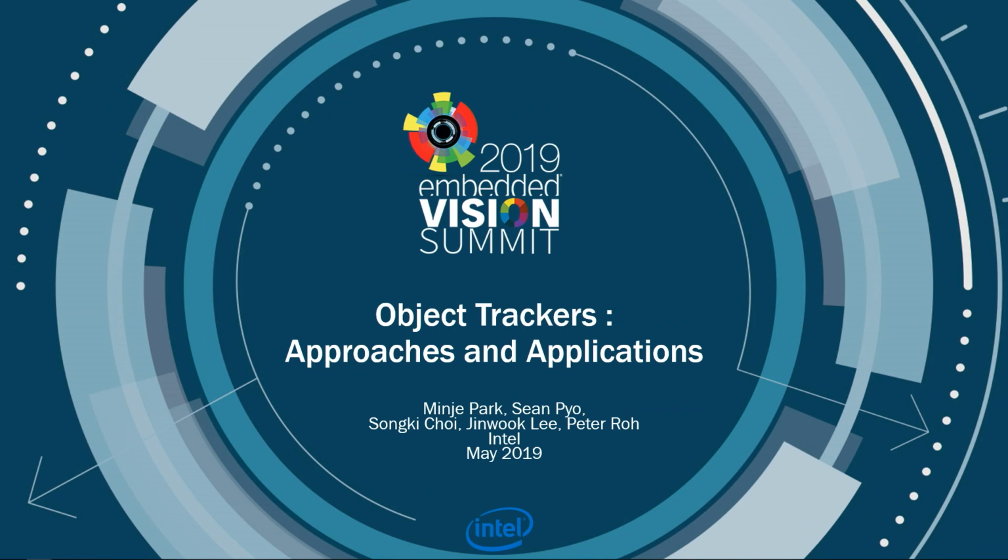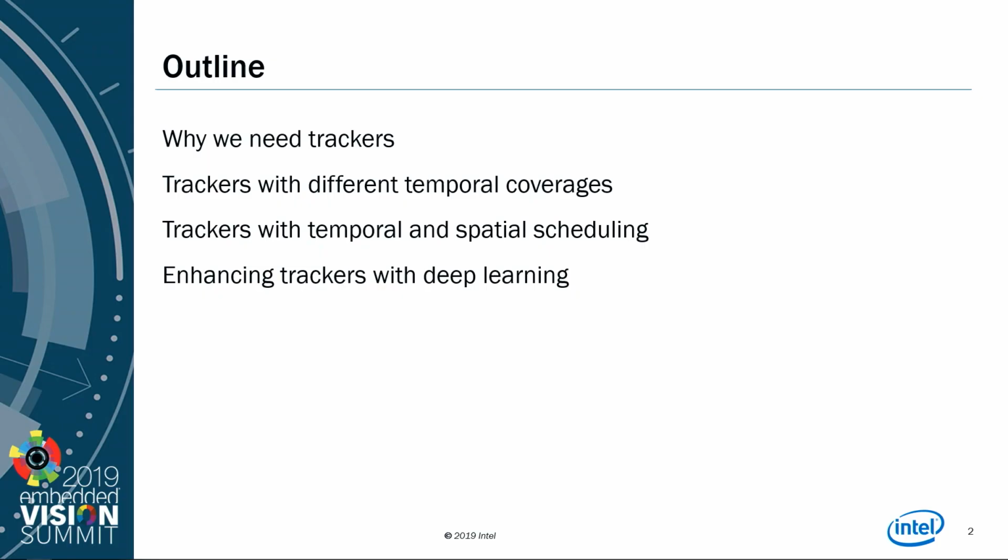Okay, thank you for your introduction. So in this presentation, I would like to explain the importance of object trackers in computer vision applications and what kind of different approaches exist in real-world scenarios. So here is a brief outline of my presentation. I will start by explaining why we need trackers and what kind of different approaches exist both from algorithmic design perspective and application design perspective.